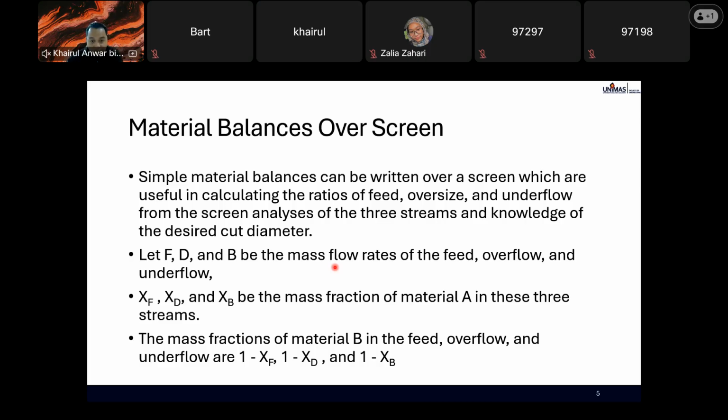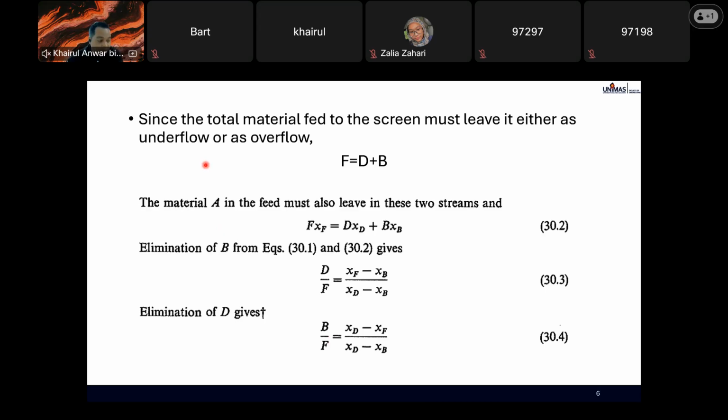So because there are two materials, A and B, if you take 1 minus xF, then it's equal to the mass fraction of material B. Since the total material fed to the screen must leave it either as underflow or as overflow, the material A in the feed must also leave in these two streams: F xF equals D xD plus B xB, equation 3.2.